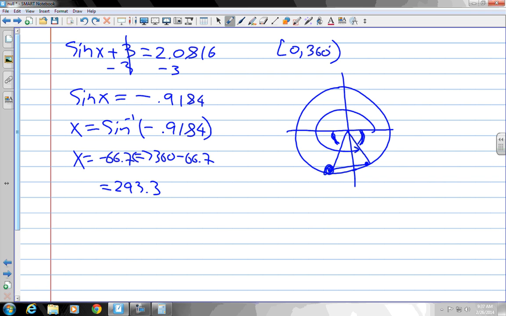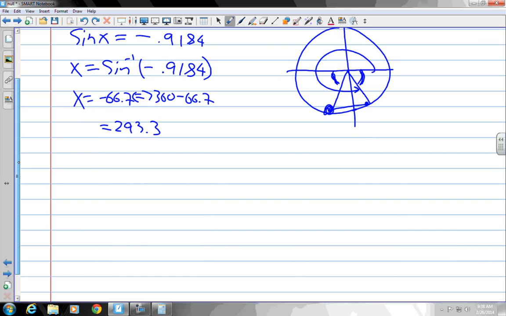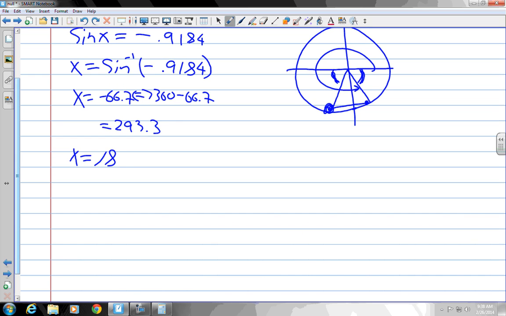So you can go 180 plus 66.7, right? Or you can go 270 minus whatever's left out of 90 there. So the other solution would be 180 plus 66.7, which is 246.7. So here are your two solutions on the interval from 0 to 360.